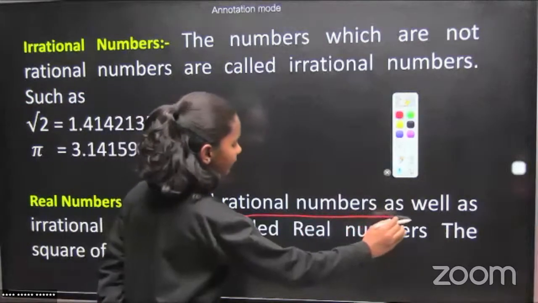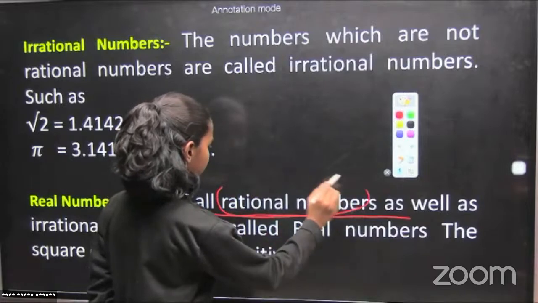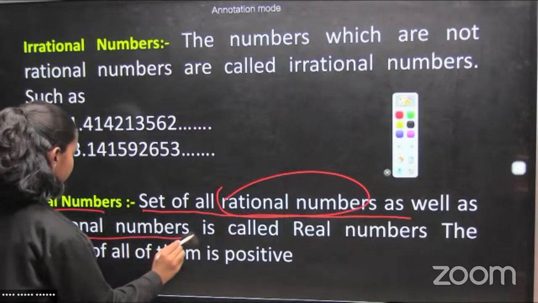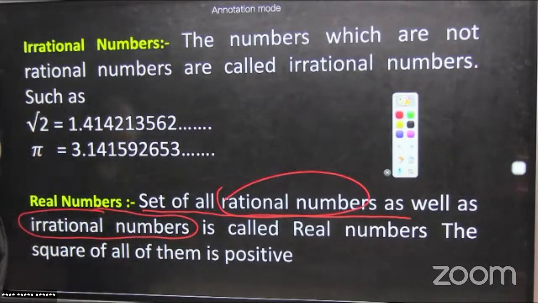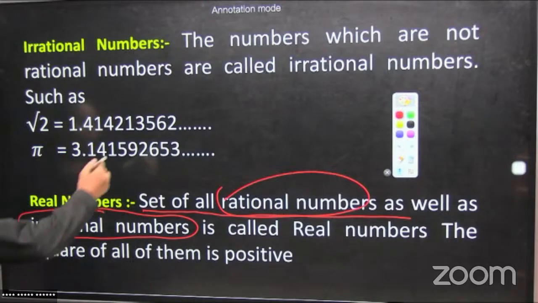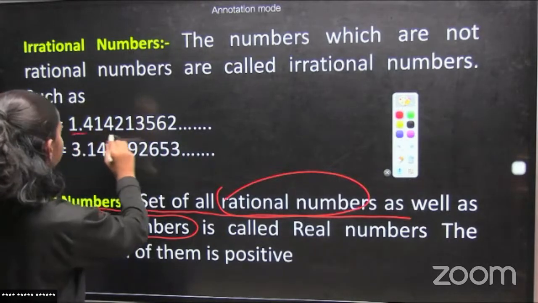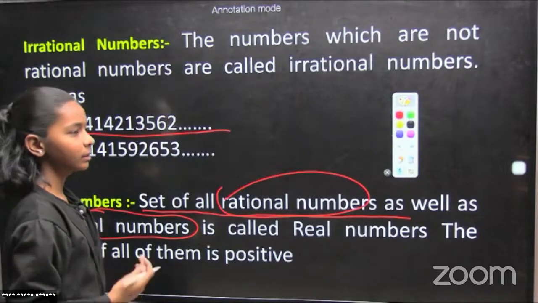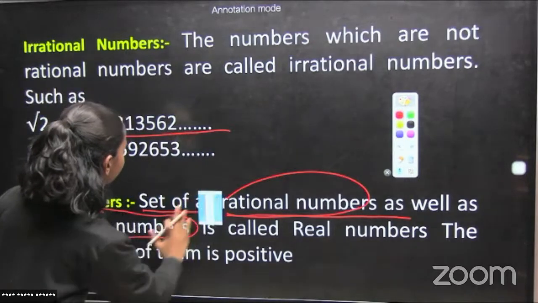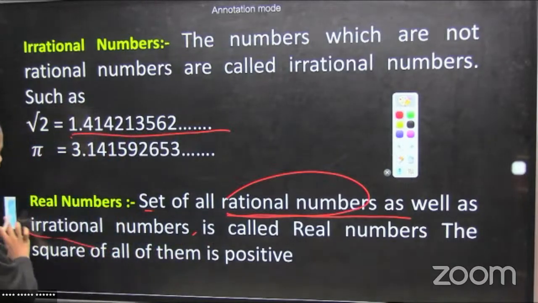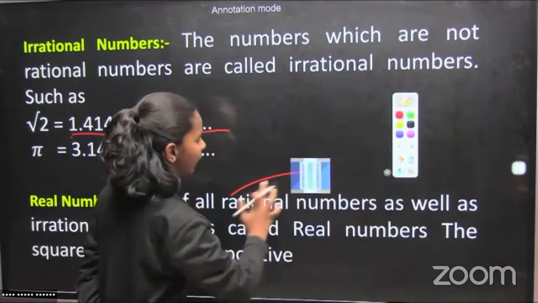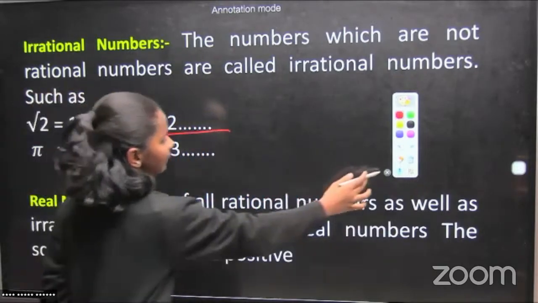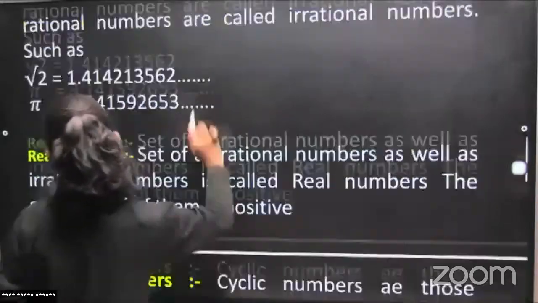Now, if we see rational numbers means decimals. Firstly, see the topic irrational numbers, then we will learn about rational numbers. We will continue both topics, but firstly, learn this topic.